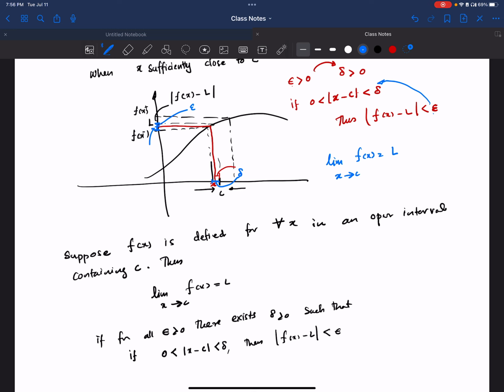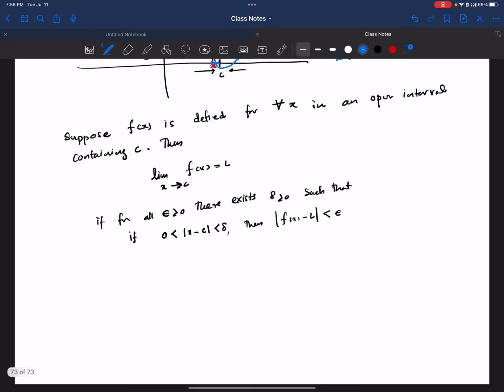For all epsilon and all delta, this is the same. So when you change delta, your epsilon changes. But you should be able to find some value of delta for any value of epsilon. Let's take an example. You might understand this a little bit more in that case.